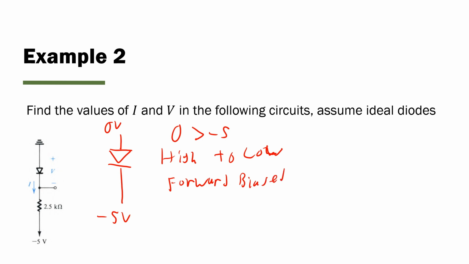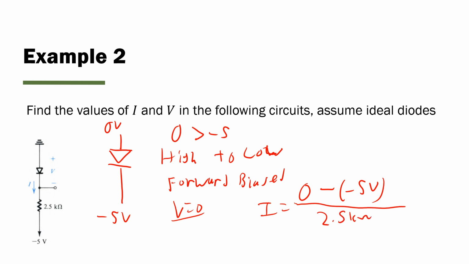Therefore, the voltage drop will be 0. And the current will be 0 minus negative 5 volts divided by 2.5 kiloohms. So that's basically just 5 divided by 2.5 kiloohms, which is 2 milliamps. Okay, that concludes the ideal diode section.